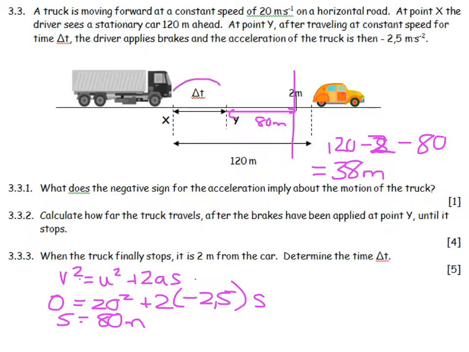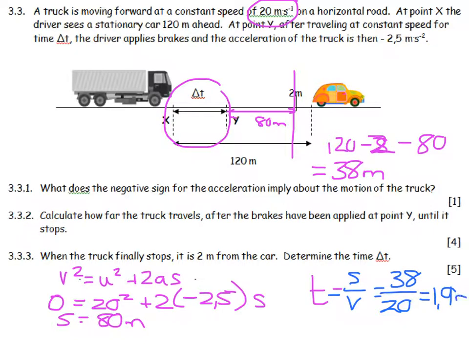Those 38 meters took place at a constant velocity of 20 meters per second. So I'm going to say time is equal to displacement divided by velocity. The displacement is 38 meters that took place at a constant velocity of 20, and I get 1,9 seconds.